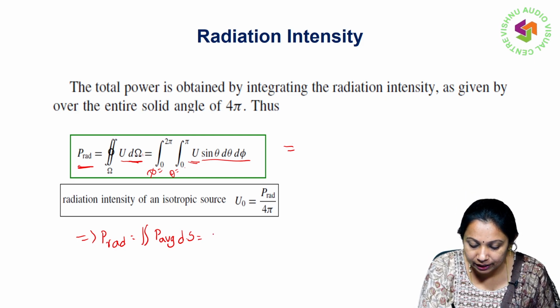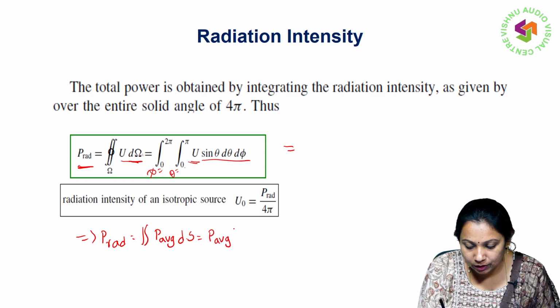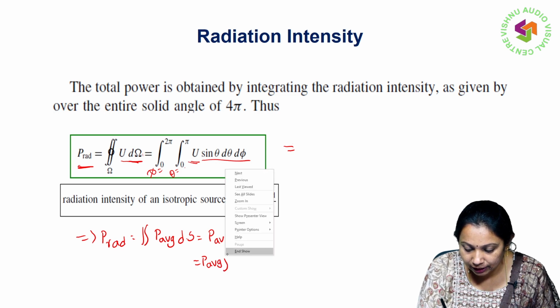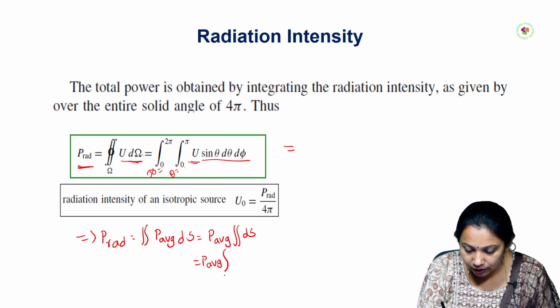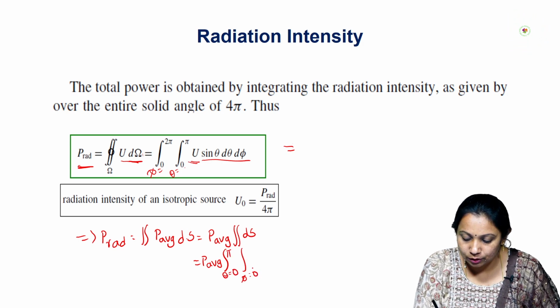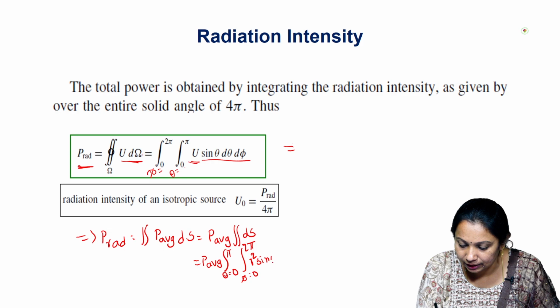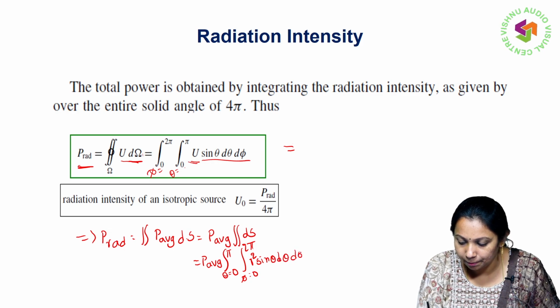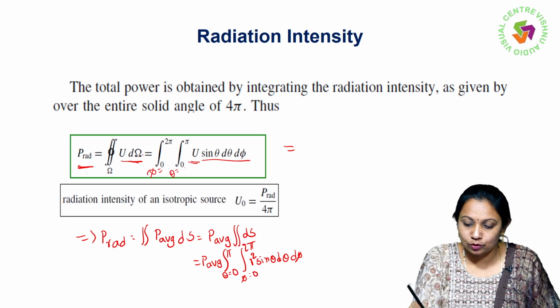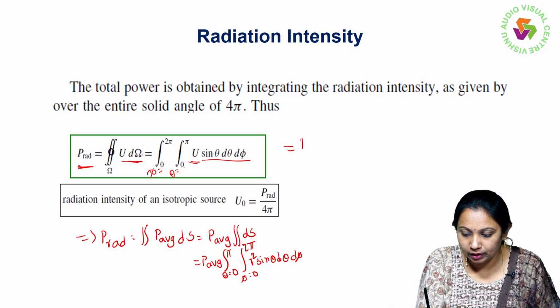So P radiated is equal to the integral of P average dS, where dS, as we have seen previously, has theta from 0 to pi and phi from 0 to 2 pi, and in place of dS we can write r square sin theta d theta d phi. So P radiated is equal to P average into r square.